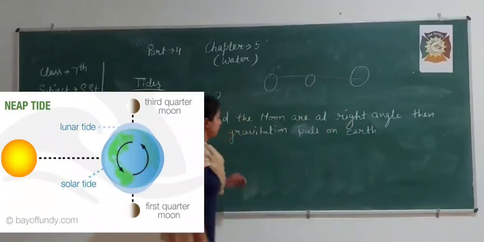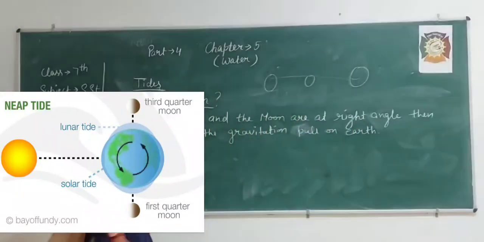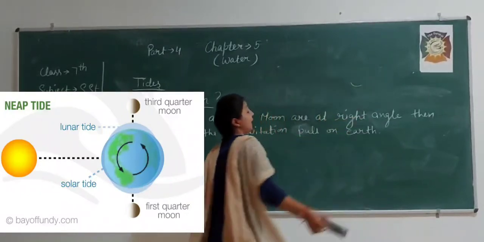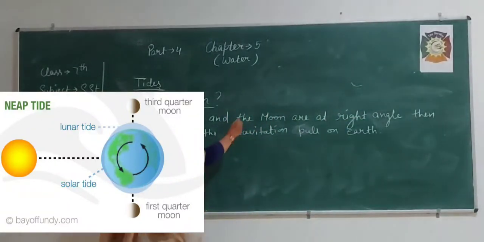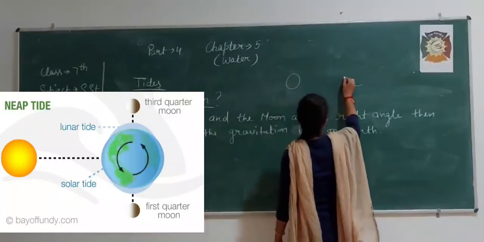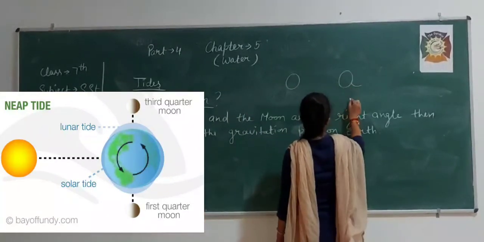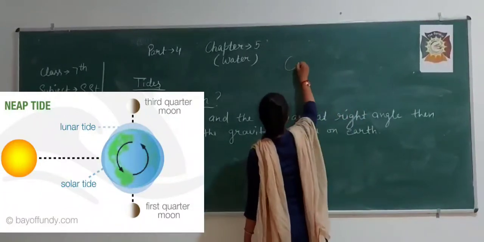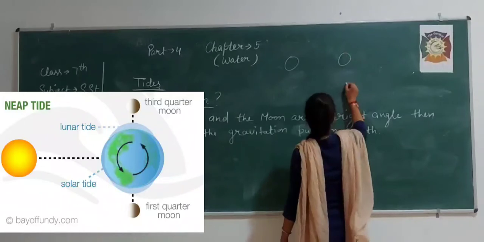Okay, what is the next condition? Next condition is when the sun and the moon are at right angle. How? Like this. This is your sun, this is your earth, and this is your moon.